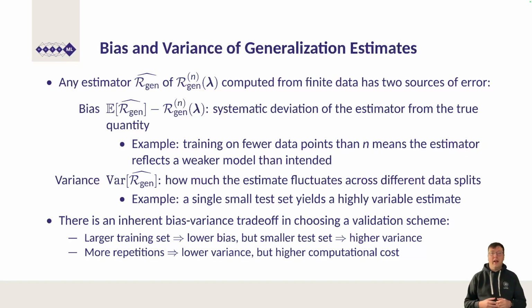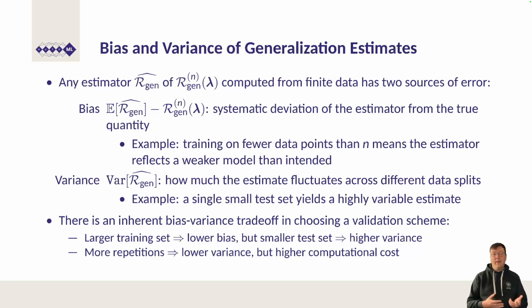A concrete example: if the validation scheme trains on fewer than n data points, for instance, because we reserve a large portion of the data for testing, then the models we evaluate are weaker than the model we could actually deploy, and our estimate reflects a worse performance than the true generalization risk. This is a bias in the risk estimate.